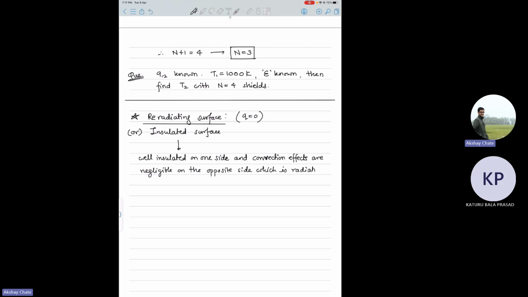So this is a definition of it. If you want to know, you can keep it in your mind. If you don't, that is also fine. But you should remember at least this, that there is no heat transfer across it.